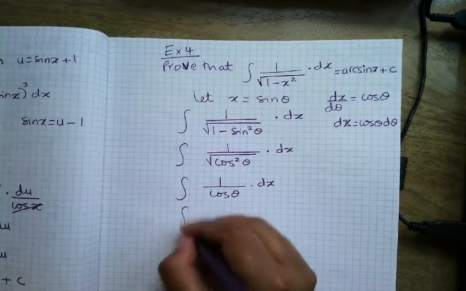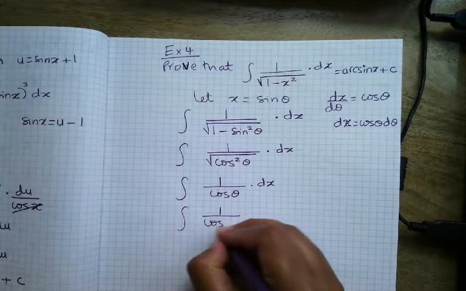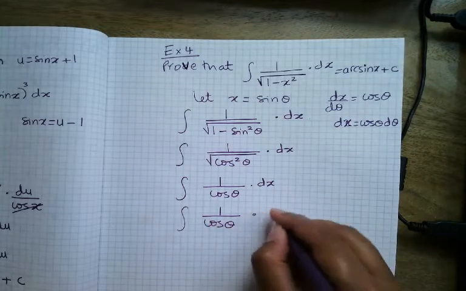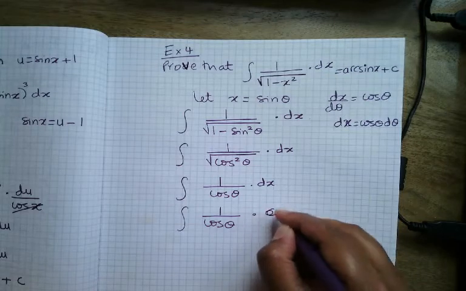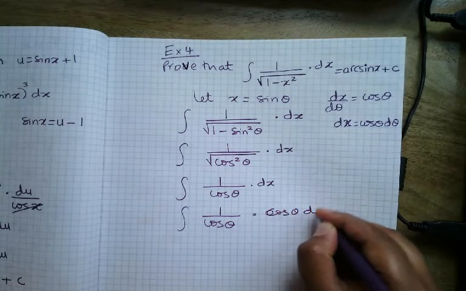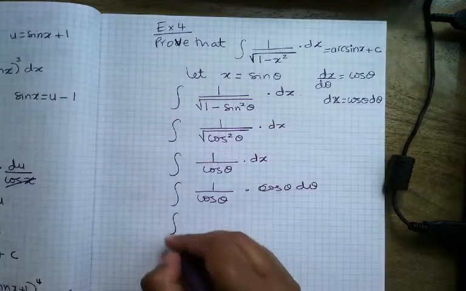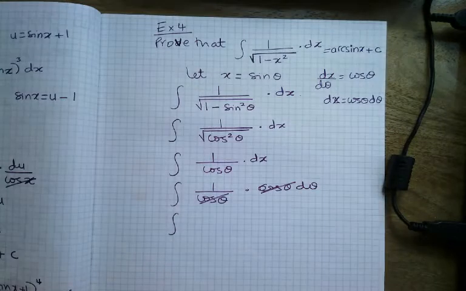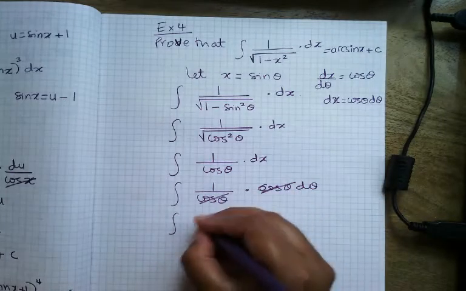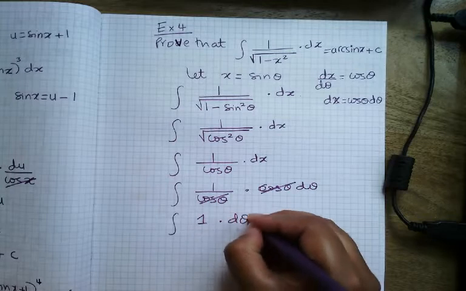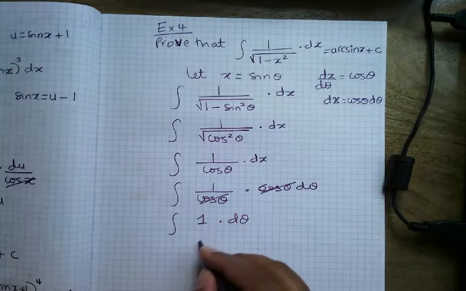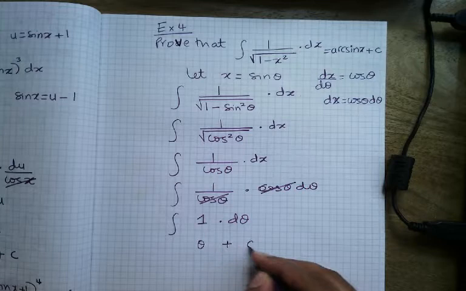Put that in there. We'll have 1 over cos theta, cos theta d theta. And then the cos theta gets cancelled by this cos theta, and I'm only left with 1 d theta. And actually that is just theta plus c.